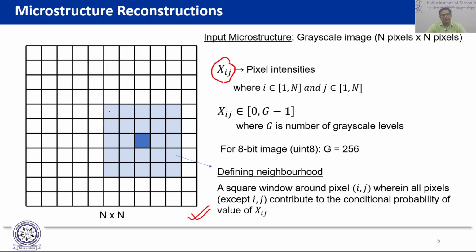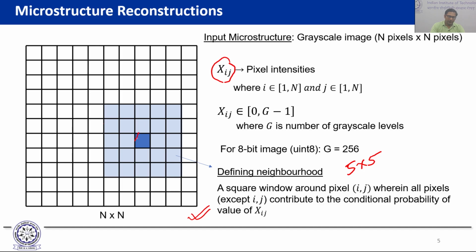So the process that we are going to follow is we will define a patch, or you can call that a window, which is shown over here in this light blue color. And so here in this case, we have taken a window which is basically a 5 by 5 window. So 5 pixels across and 5 pixels in the downward direction. And then the idea is that this window is going to capture a local region around a central pixel.